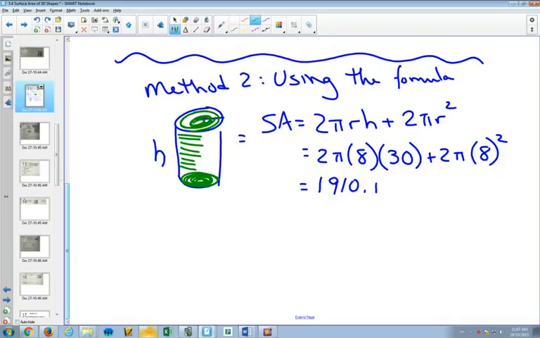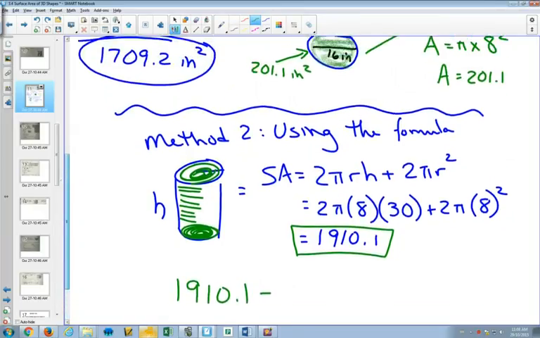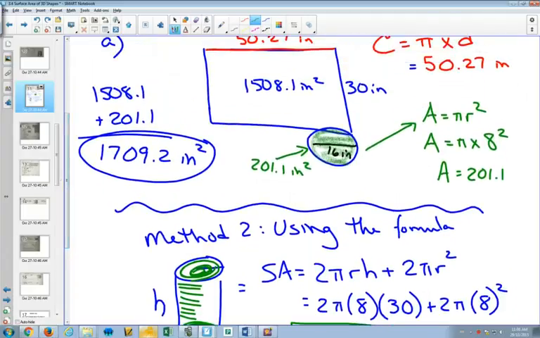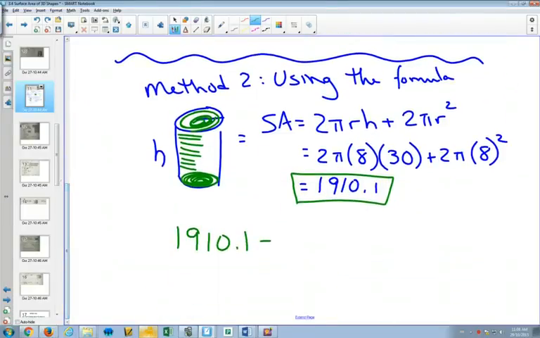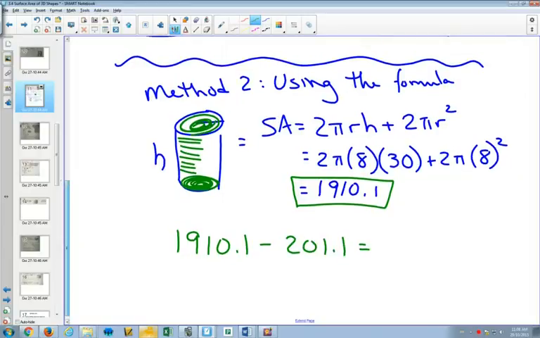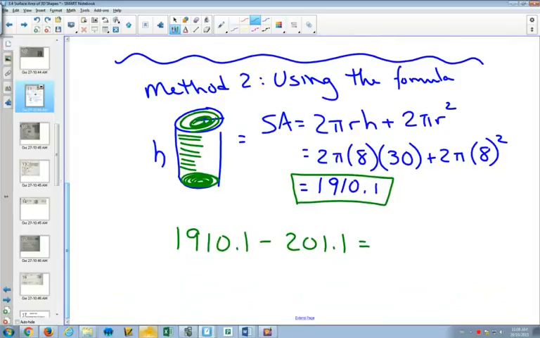So if you want the formula to give you the right answer in this case, you'd have to take the answer we got and we would have to subtract one of the circles. So if I take 1910.1 and I subtract one of the circles, and we already figured out up here that one of the circles is 201.1, and I subtract those, I get 1,709 inches squared.